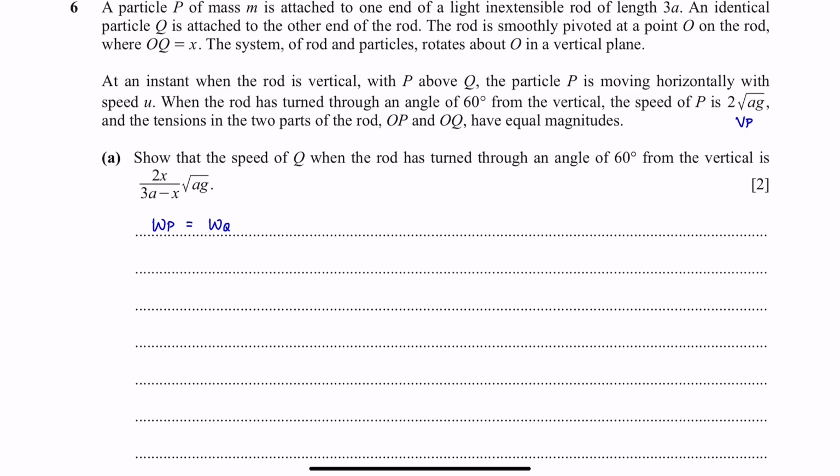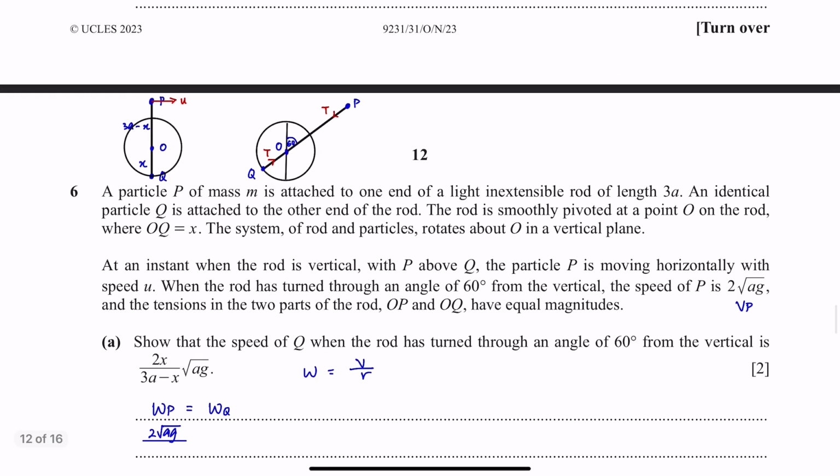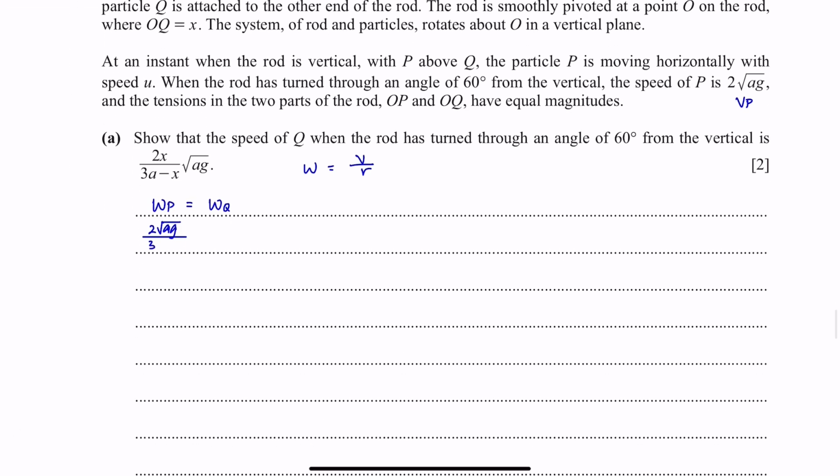Omega is equal to velocity over the radius, omega equals v over r. So the velocity of P after turning through an angle of 60 degrees is 2 root ag, and its radius, which is this distance, would be 3a minus x.